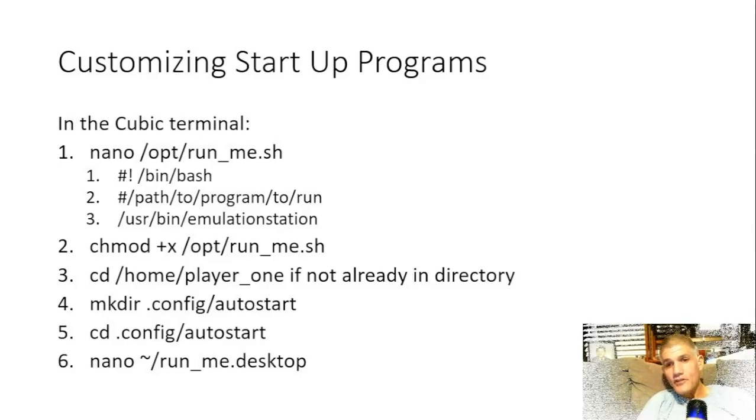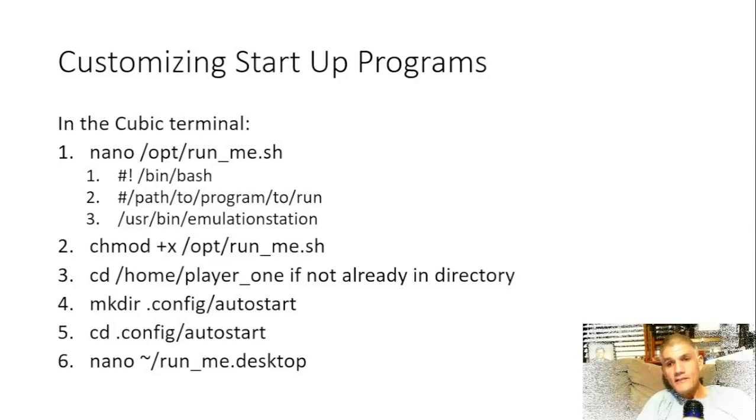That just reminds you to enter in the full path of the program to run. I can't remember if I actually left the comment in the screen recording or not. So then in our case, we're going to type in /usr/bin/emulationstation, because that's the full path to launch EmulationStation.